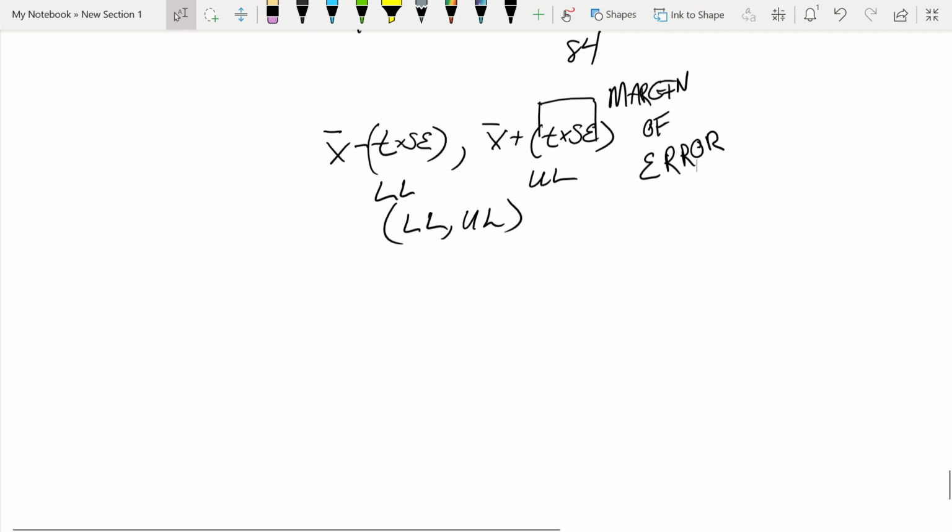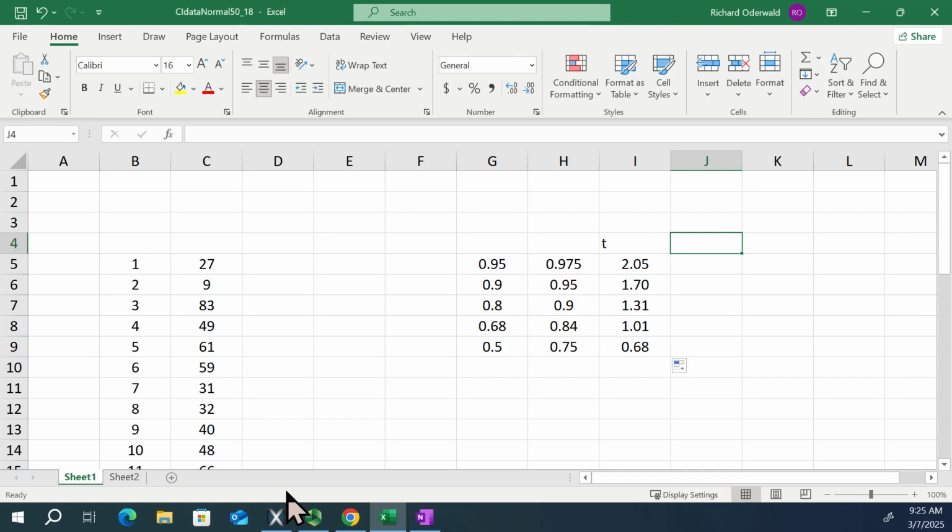Because it's the same for both subtract and add, it's usually easier just to calculate the margin of error outright and then add and subtract it from the average. So for this is the margin of error.